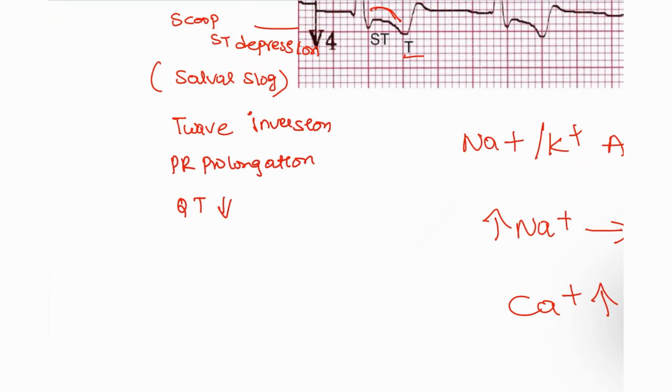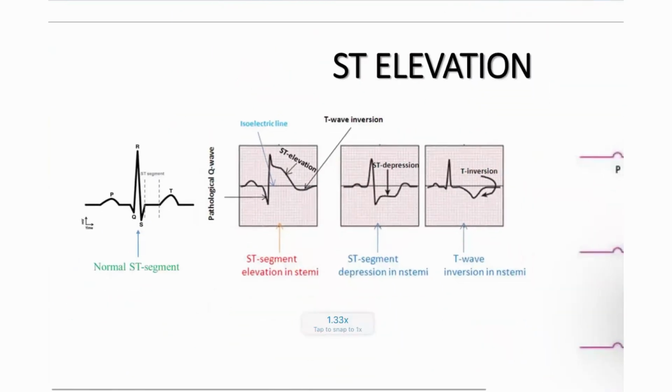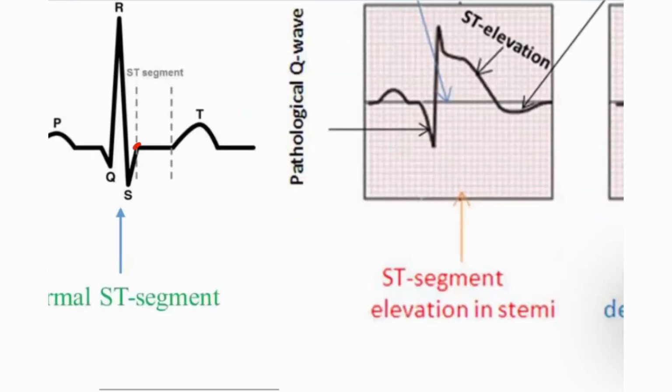Next, we are going to see ST elevation. This is the classical picture of MI, right? And in MI, we are going to see the differences. First, is there ST segment elevation from the J point? As I said, this is the junction, right? From the J junction, it has to be elevated. Then only we consider this as ST elevation.